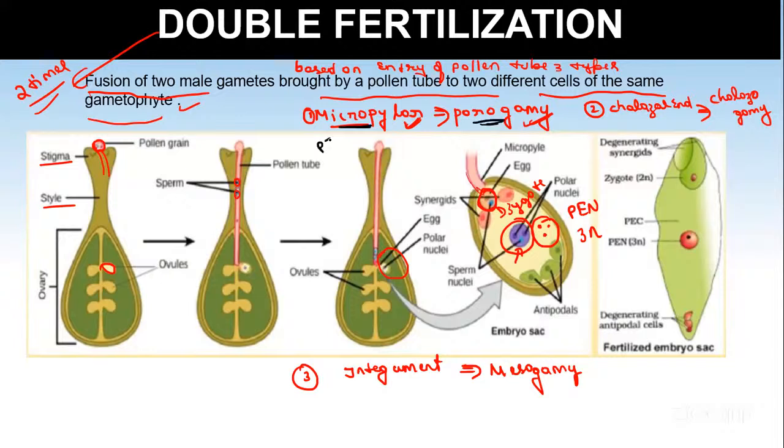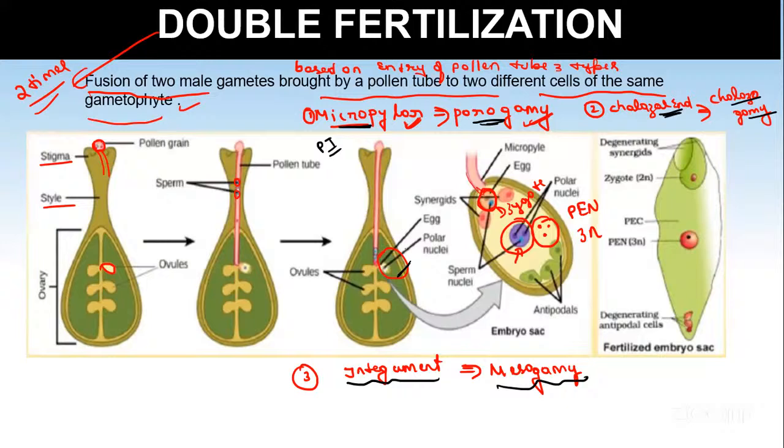If the pollen tube is entering the egg cell through the chalazal end, it is called chalazogamy. If the pollen tube is entering through the center, through the integument, that is called mesogamy.